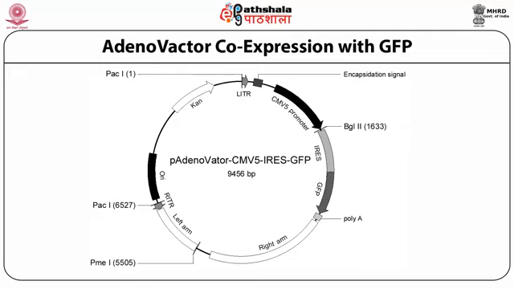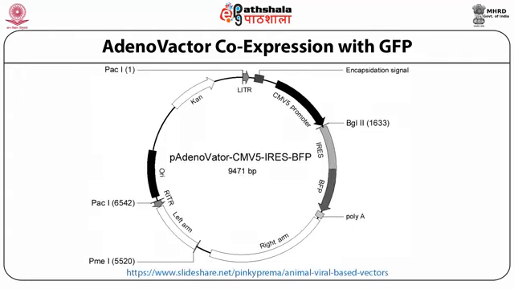If we see the GFP after recombination, it means the genes inserted into the vector, into the virus, are working fine. So GFP is a very good indicator when we insert into the adenovector. In the same way, we can express the BFP, which gives fluorescence, and expression can be checked properly when we have co-expression of BFP.